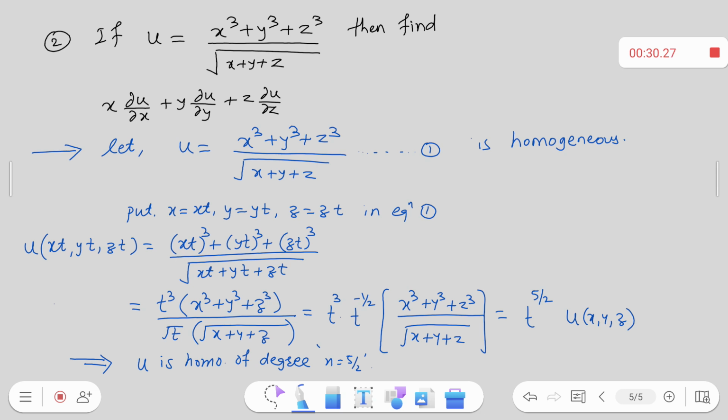Now once we have the degree of the homogeneous function, use the degree to find the first order derivative by Euler's theorem. So by Euler's theorem, x ux plus y uy plus z uz is equal to n into u.